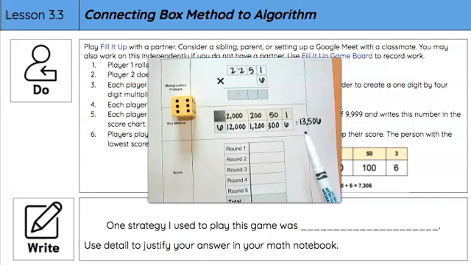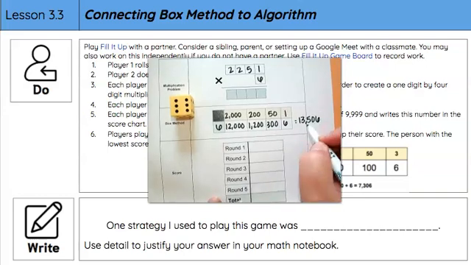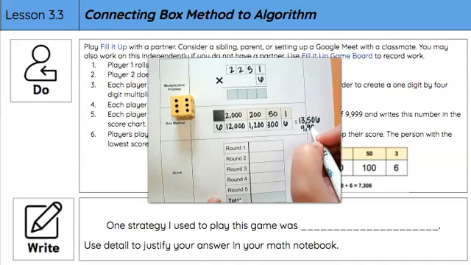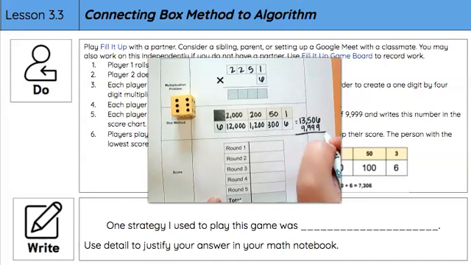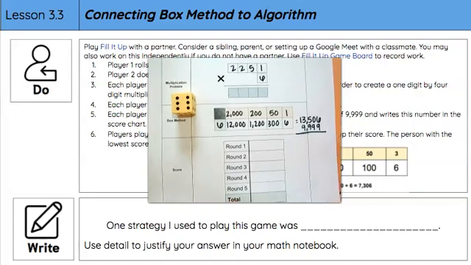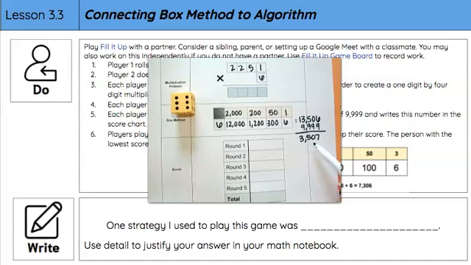My next step is to see how far away from this product is from my target number. And my target number is 9,999. So I want to see how far my number is from my target number. I'm going to use subtraction to solve that. So I was 3,507 away from my target number.